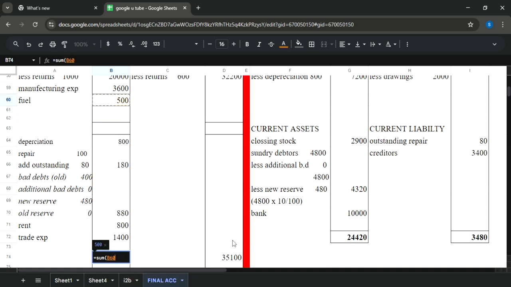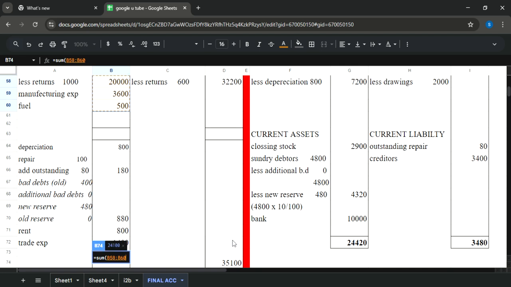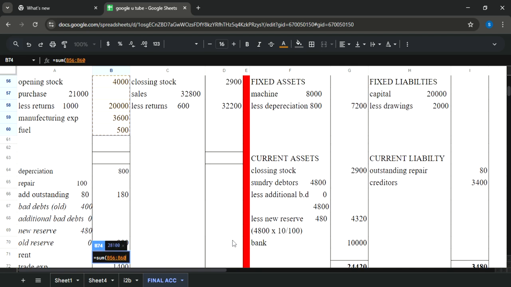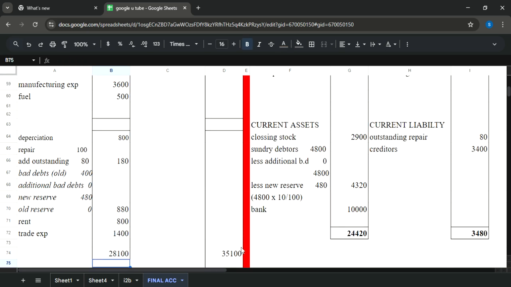We have got 1, 2, 3, 4 amounts present on the debit side. Sum has been calculated. Sum of credit side 35, debit side is 28. It means the larger sum is 35,100. You will write it on total of both sides. We have written on the debit side, the same total would be written on the credit side.